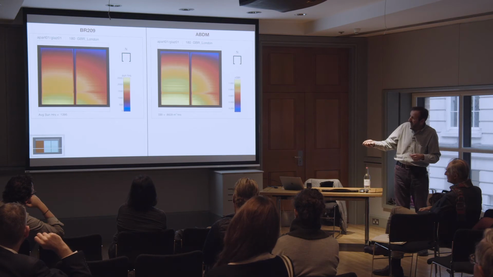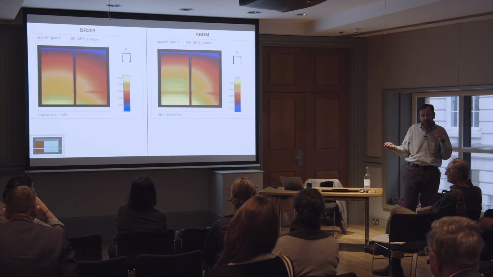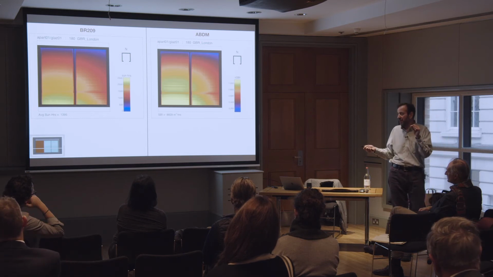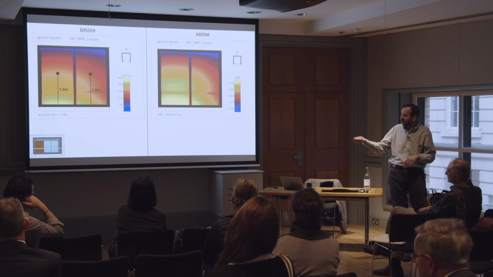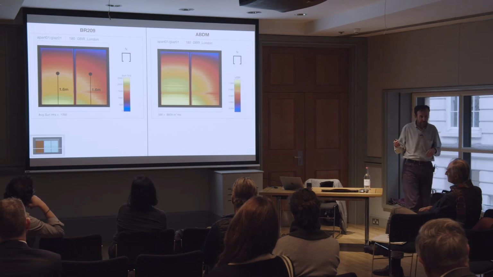Now, here I'm showing the average value for these panes. That's not what you would do in BR209. In BR209, you would take, I think it's at 1.6 meters above, something like that. So you would select a point there. So essentially you would base your calculation on point values 1.6 meters above there.